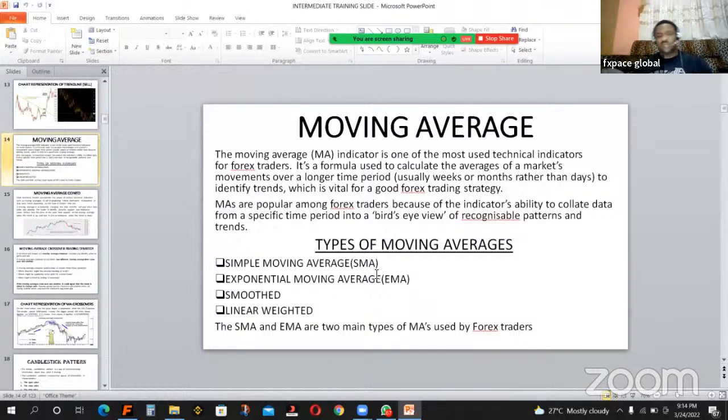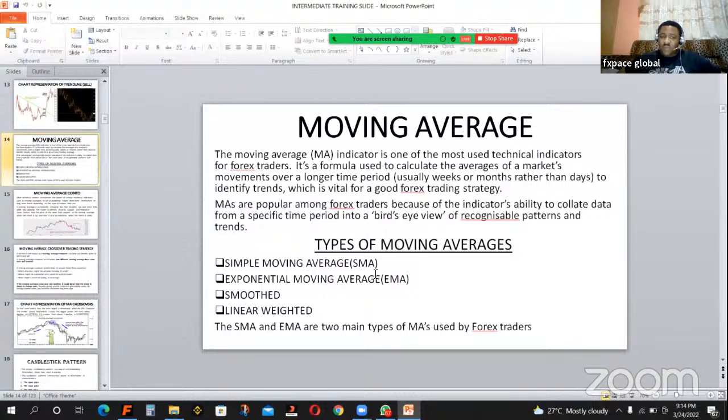98% of traders use the simple moving average and the exponential moving average. The simple moving average is simply the normal average. If I ask you what the average is, what you just need to do is get 5 plus 3, add it together and divide by 2.